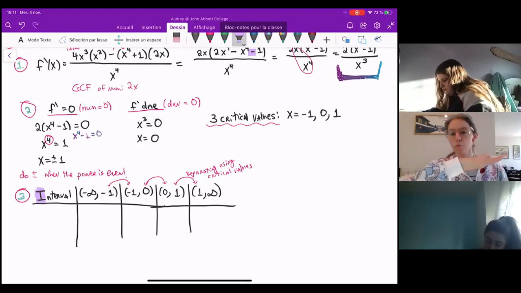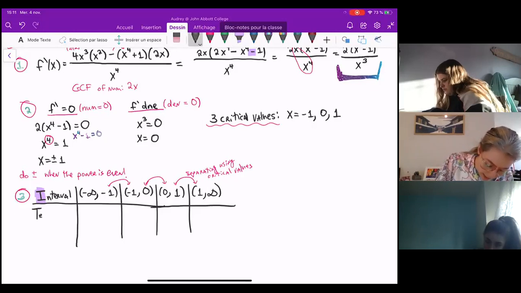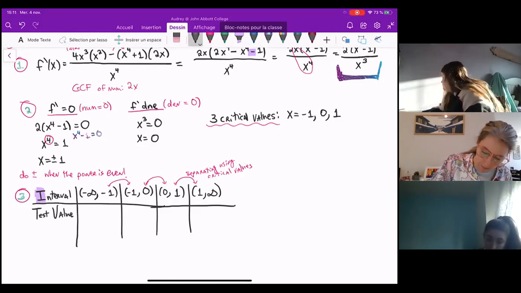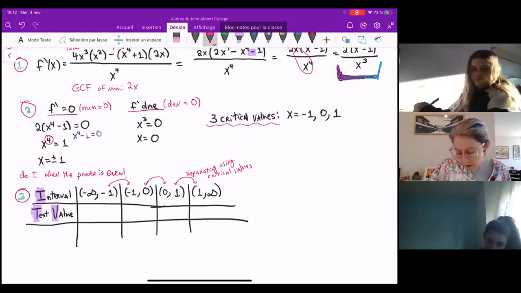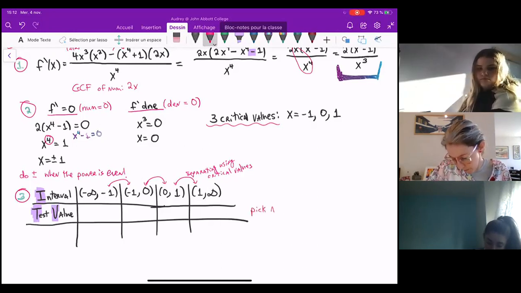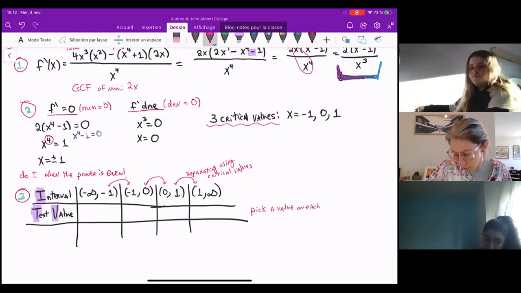Now my next row in my table of values, I'm going to call test value. In my test value row, I'm going to pick a value on each interval.